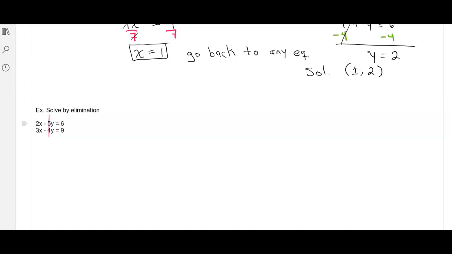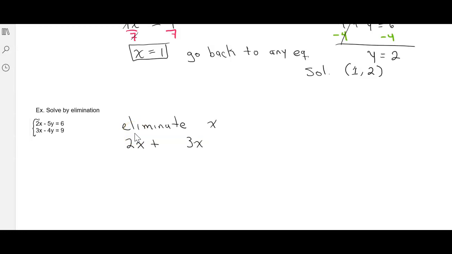For purposes of being easier, the best way is to work with the smaller numbers. So here, let's make a note that you want to eliminate x. So you have a 2x and you're adding it to 3x.